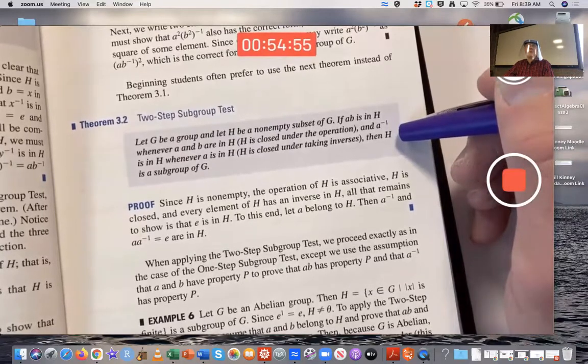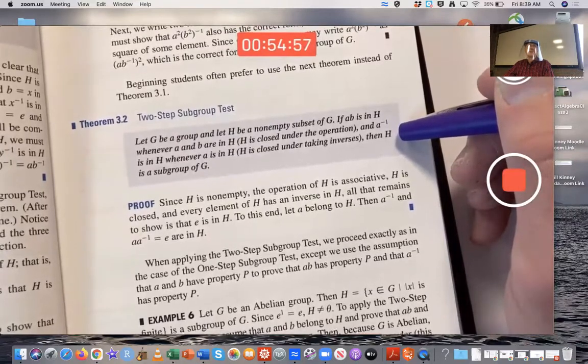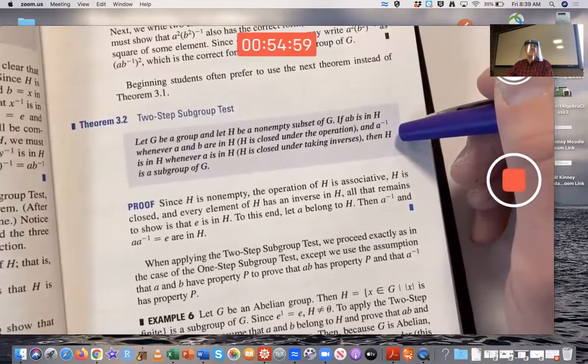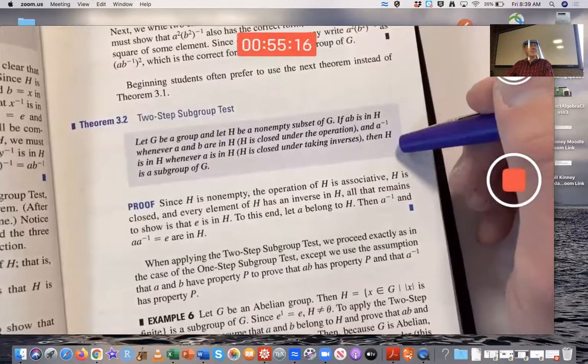In other words, you don't have to verify associativity. That would follow from the fact that it's a subset. And do you need to verify E is in there? Well, not according to this theorem.